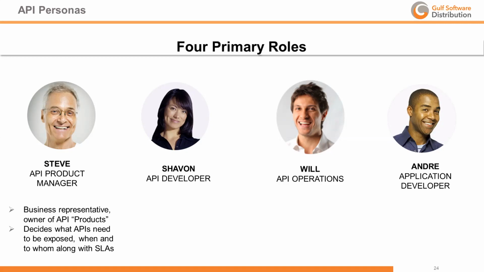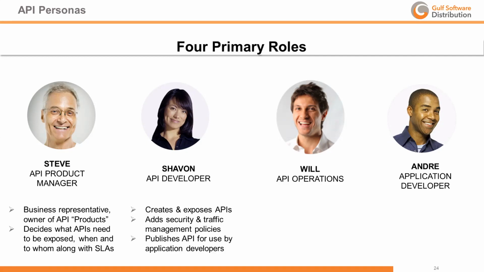So the first thing is something called an API product manager. What he typically does is he is the owner of all the API products. So he decides what APIs will need to be exposed, when will it need to be exposed, to whom will it need to be exposed, and what are the SLAs and what are the rules that govern the usage of those APIs.